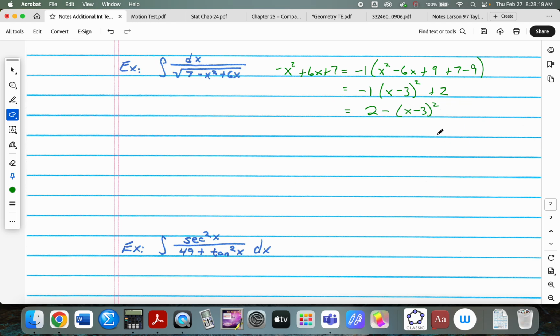And now it's starting to look a lot more like an arc sine problem. I know I don't want the 2 to be there, so I'll factor the 2 out. So that's going to be 2 times 1 minus, and again, the ugliness here, x minus 3 over the square root of 2 quantity squared.